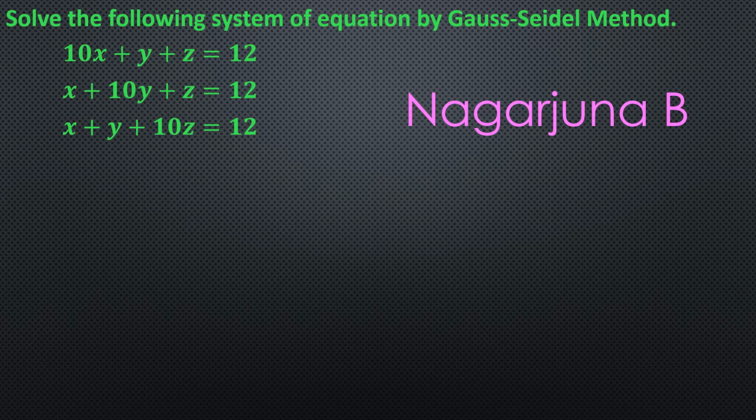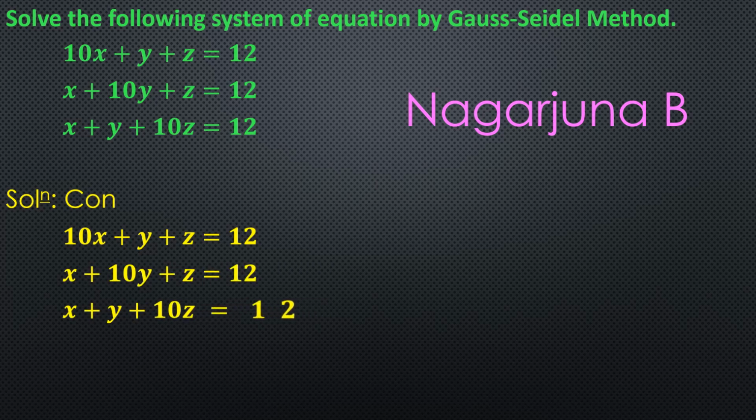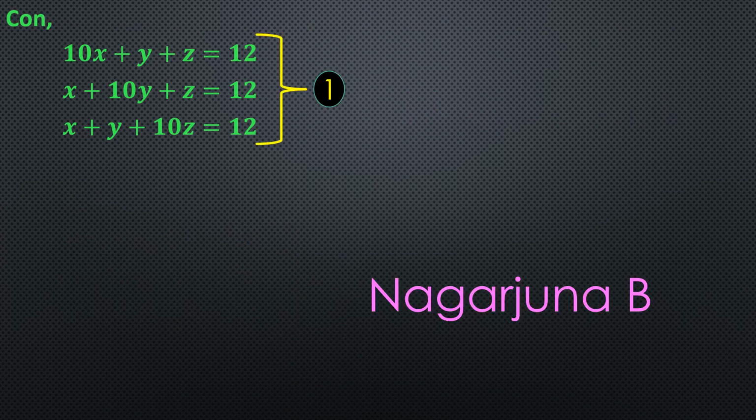So solution: consider the given equations 10x plus y plus z is equal to 12, x plus 10y plus z is equal to 12, x plus y plus 10z is equal to 12, and consider this set of equations as 1. Solve the system of equations 1 by using the Gauss-Seidel method.